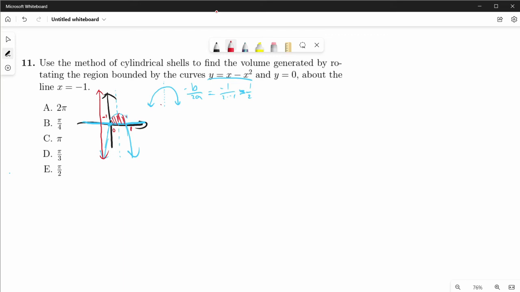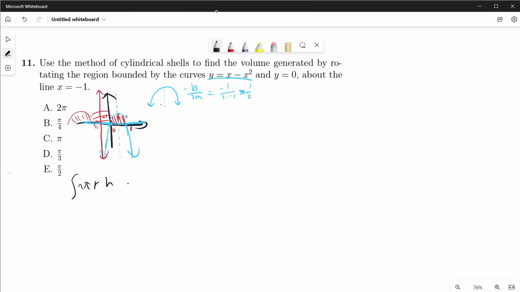And we are using cylindrical shells when we flip around this way. So we think about cylindrical shells. We have 2 pi r h. What is r? r is the distance away from the rotation line.